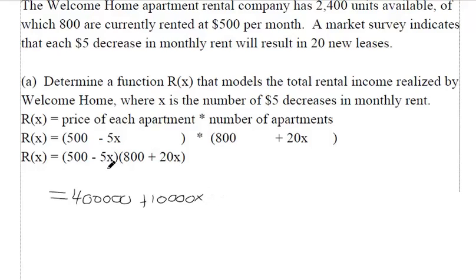I doubt myself a lot when I make videos because I don't want to remake the video. Negative 5x. So here, I've done this. That made 400,000. I did this. That made 10,000x. Multiplying this, that makes negative 4,000x. And I'm going to do this. That makes negative 100x squared.